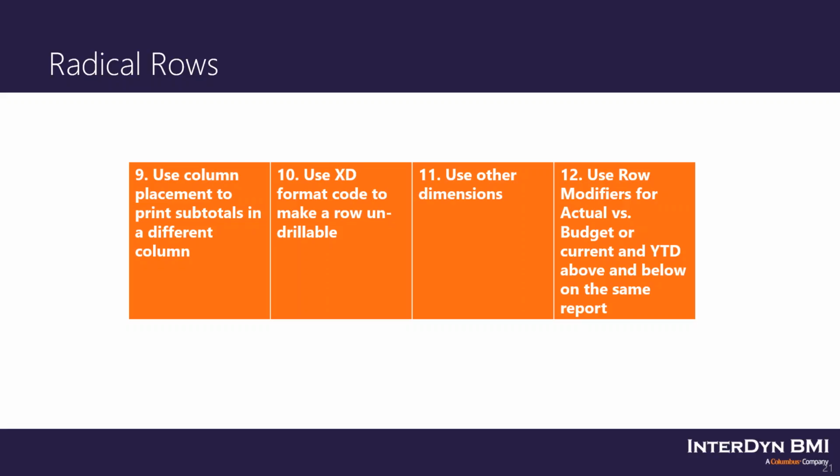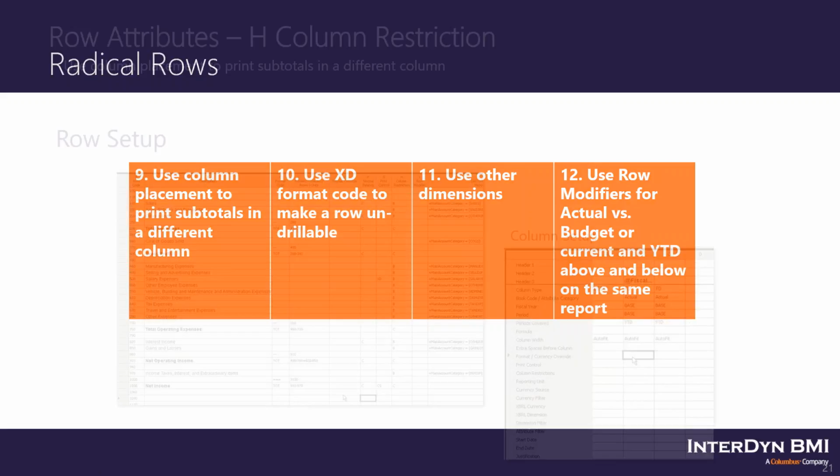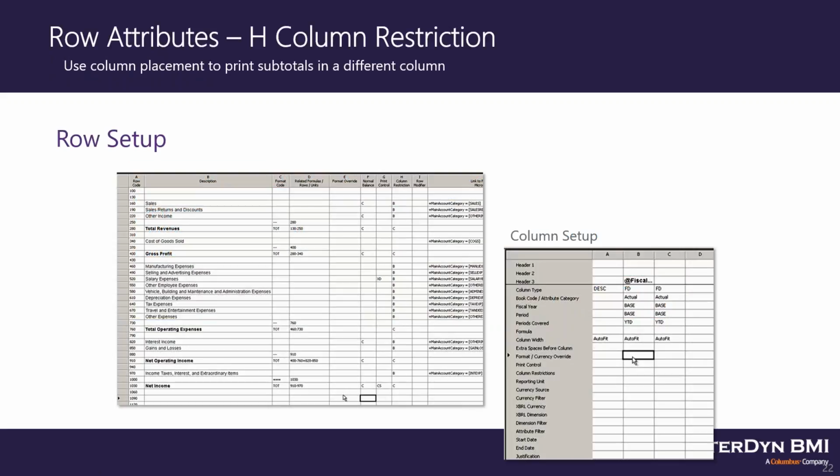We can set that up. We're going to talk about using other dimensions in your row codes and your row definitions, and being able to use the row modifiers. What does a row modifier do for you? Some of these things you guys will see are all attributes of a row definition, but sometimes they get overlooked and people don't realize what they are.